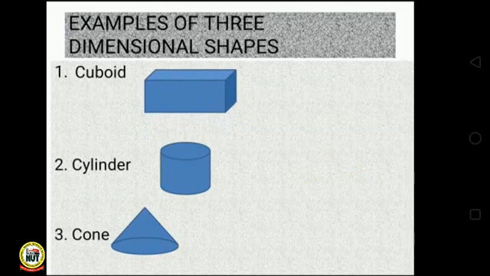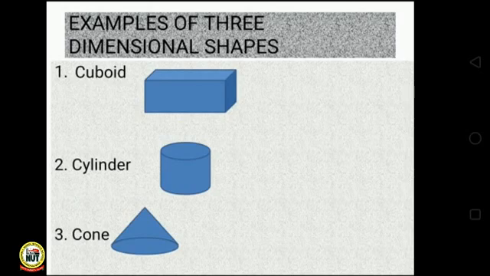All right. As I said earlier on, today we'll be looking into two- and three-dimensional shapes. A two-dimensional shape is a shape that has length and breadth only. Examples of two-dimensional shapes are rectangle, square, and what?